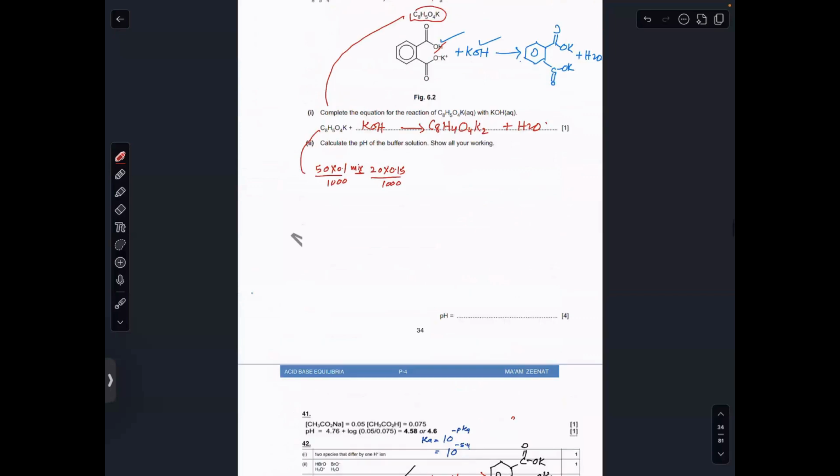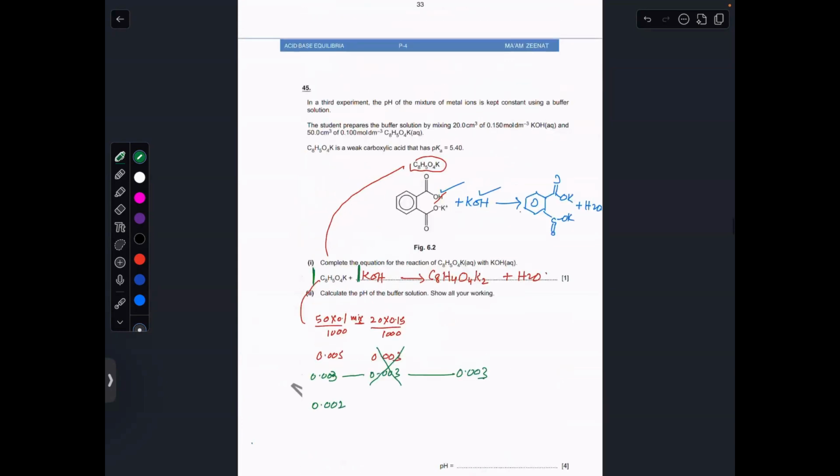This is 0.005, this is 0.003. And we know that one reacts with one. So 0.003 will react with 0.003, making salt 0.003. This is finished, and how much of it is left? 0.002.